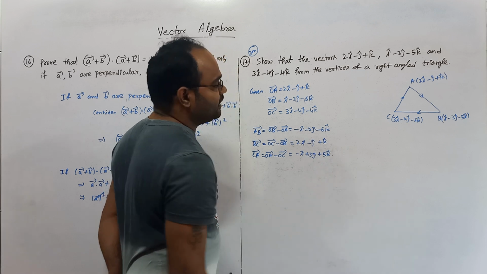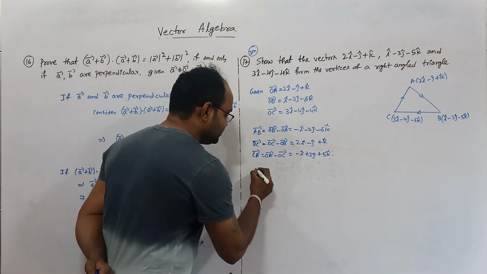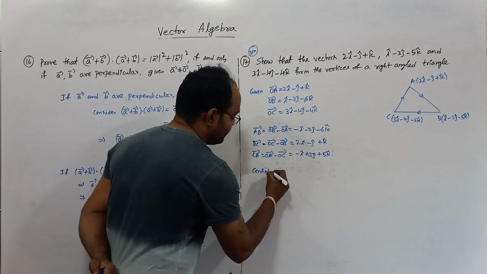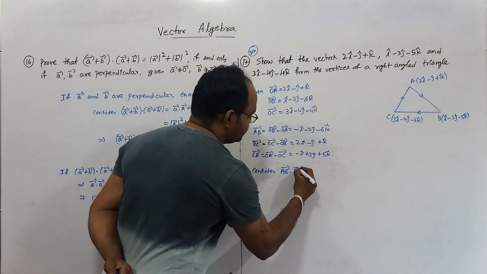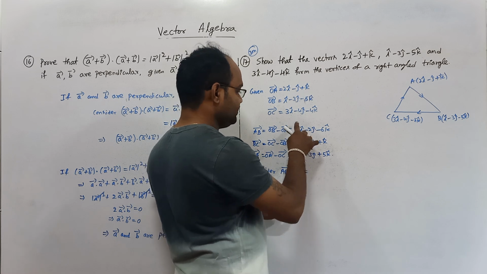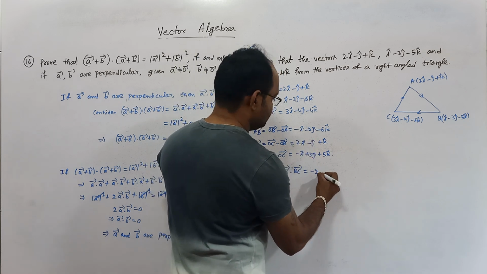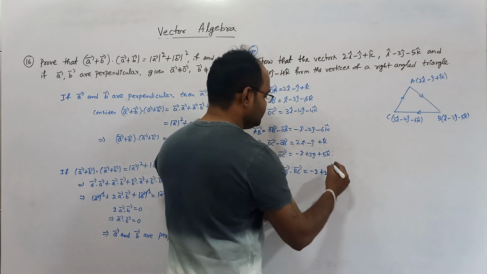Now you have to find the dot product of all the sides. So now consider vector AB dot vector BC. What is the dot product of AB and BC? 1 into minus 2 is minus 2, minus 2 into minus 1 is plus 2, minus 6 into 1 is minus 6.